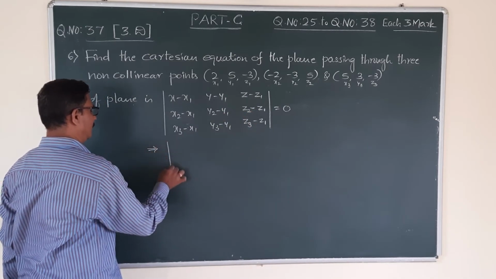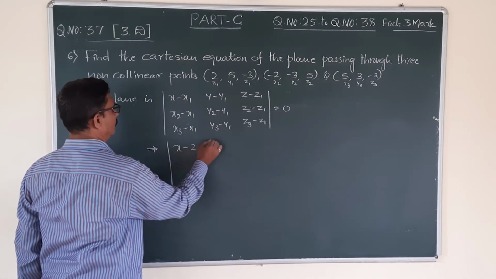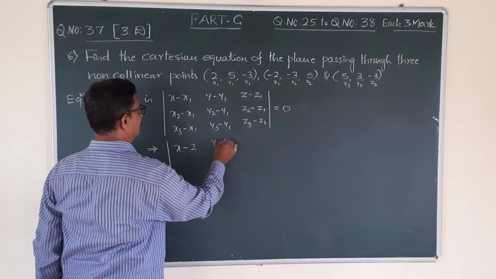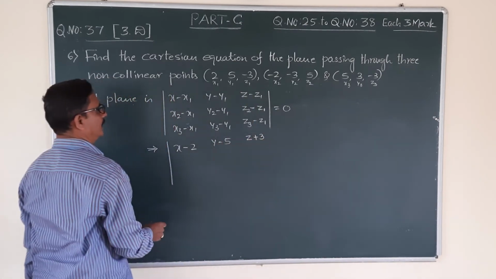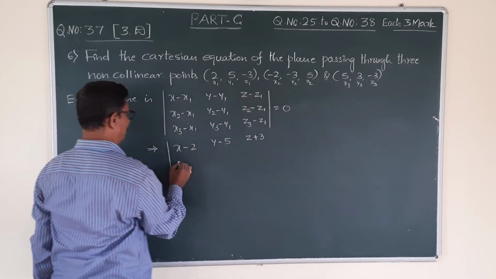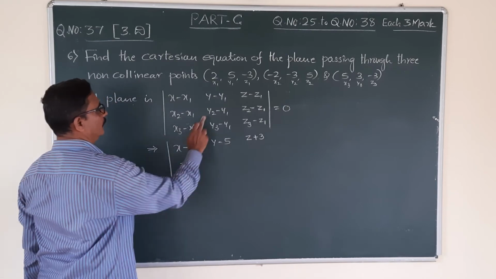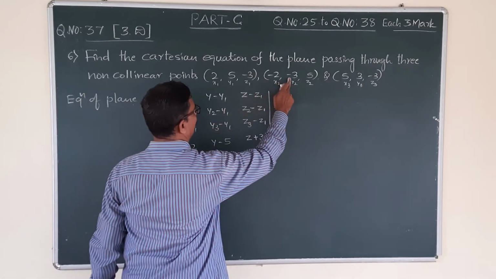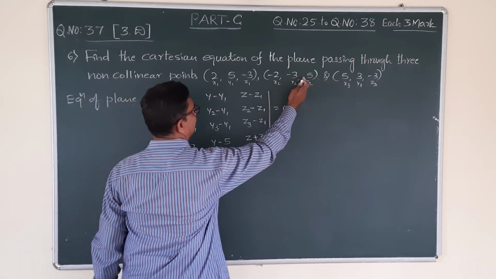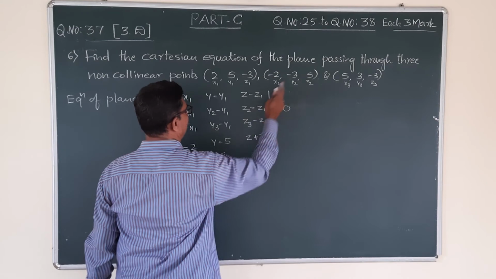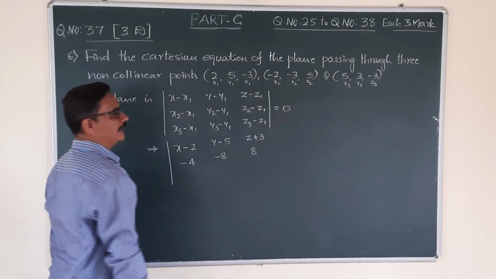Substituting the values. In the determinant, x − x1 gives x − 2, y − y1 gives y − 5, z − z1 gives z + 3. Then x2 − x1: −2 − 2 is −4; y2 − y1: −3 − 5 is −8; z2 − z1: 5 + 3 is 8.